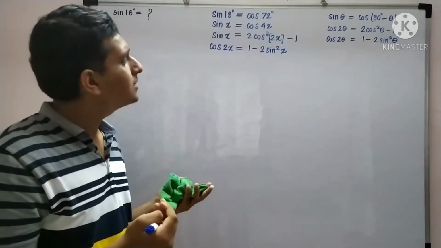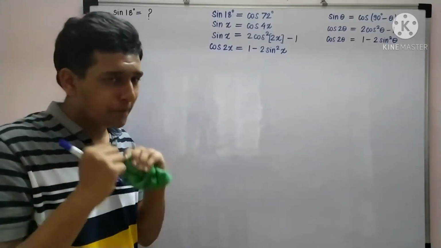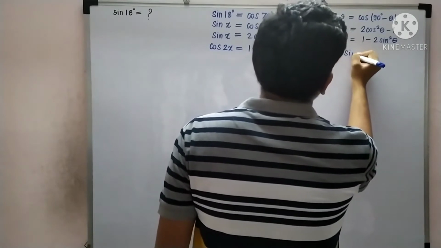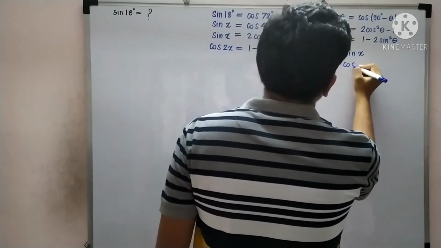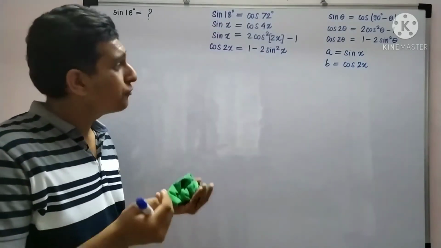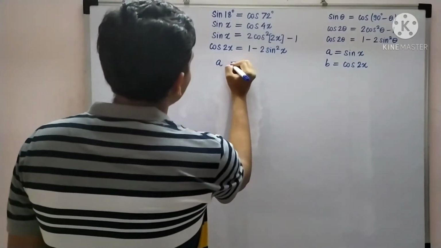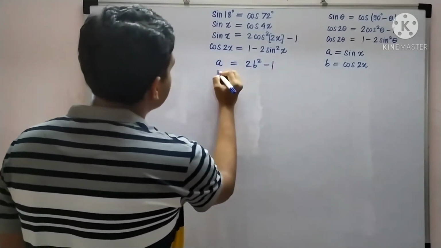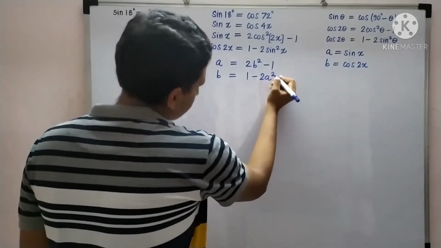For convenience, let me replace sine x by a and cos 2x by b. Now the pair of equations looks something like this: a is 2b squared minus 1 and b is 1 minus 2a squared.